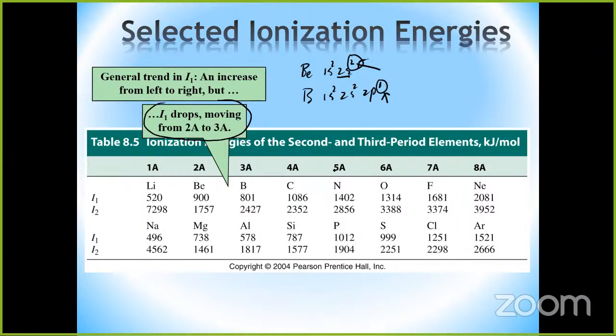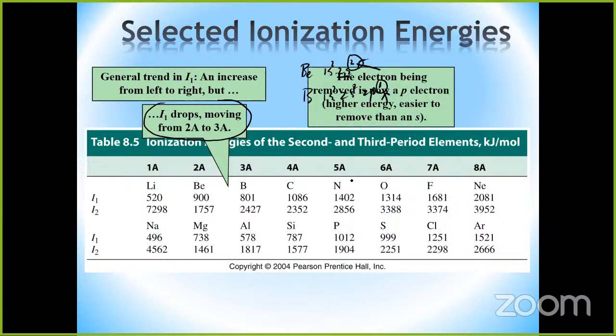Now, there's another trend which is contrary to the general increase, and that is going from nitrogen to oxygen, all right? If you notice here, nitrogen has a first ionization energy of 1402, while oxygen is slightly less, which is 1314. Now, how can we explain that difference? Again, we have to go to the electron configuration for both nitrogen and oxygen.